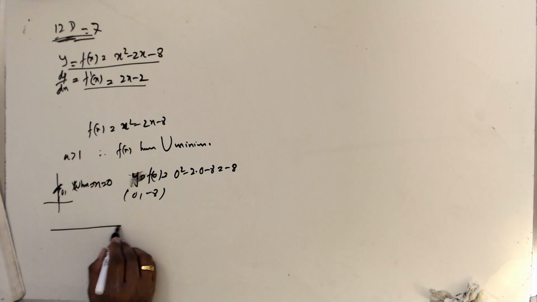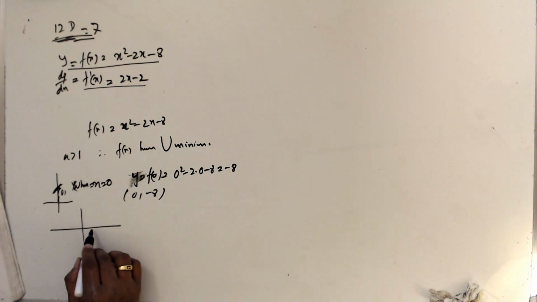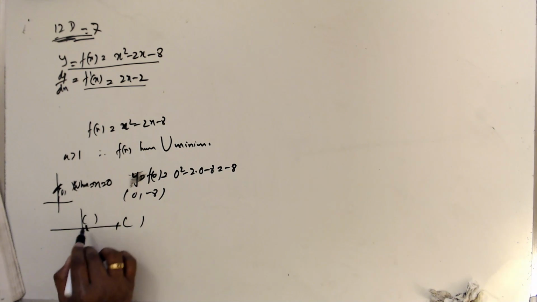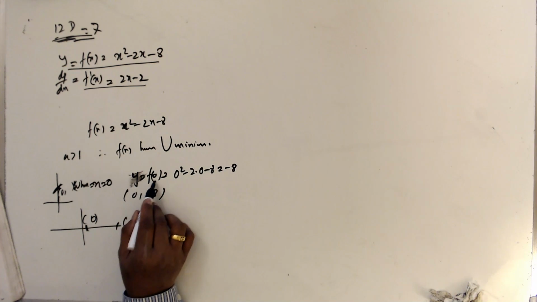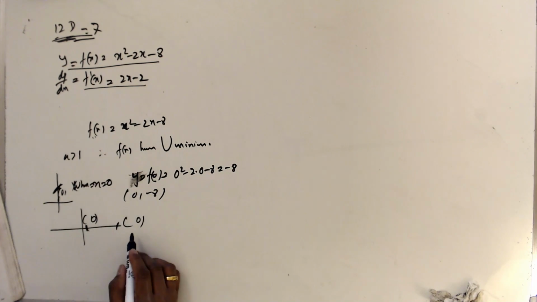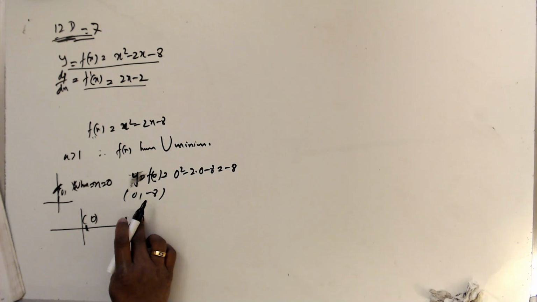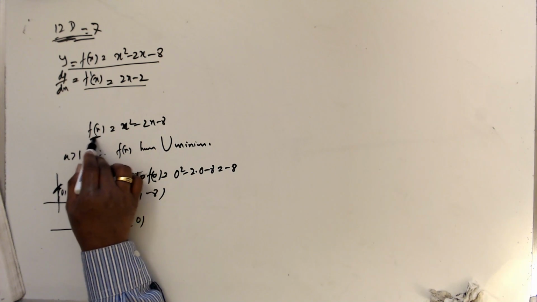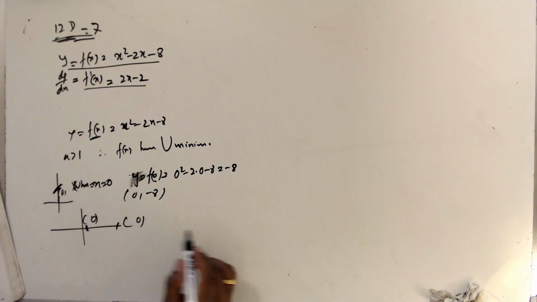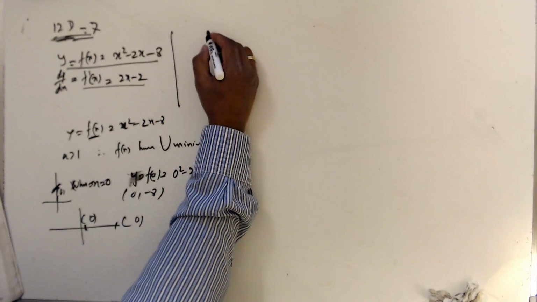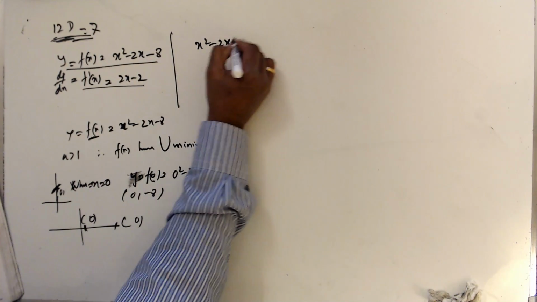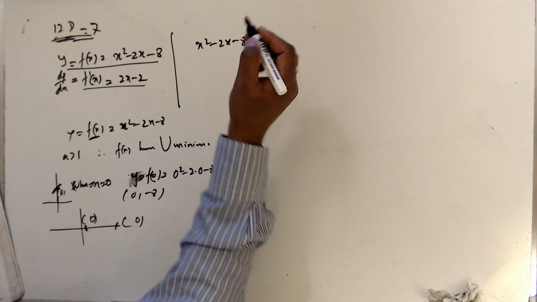Now I want to find where this curve cuts the x-axis. Here we know that y, or f(x), is 0. So x square minus 2x minus 8 equals 0.